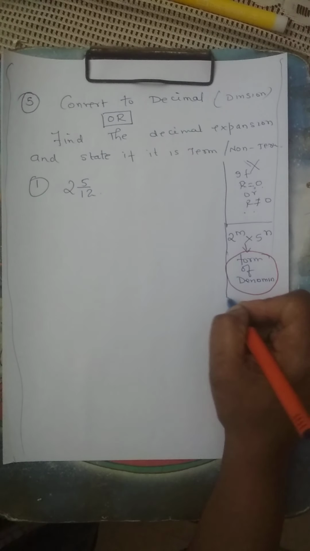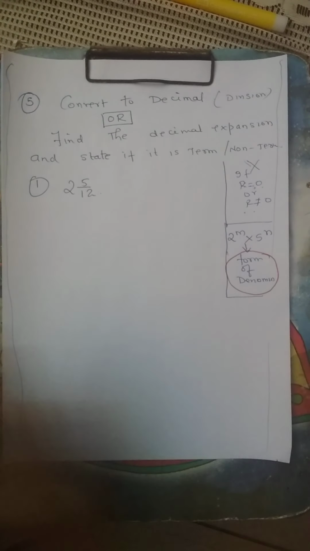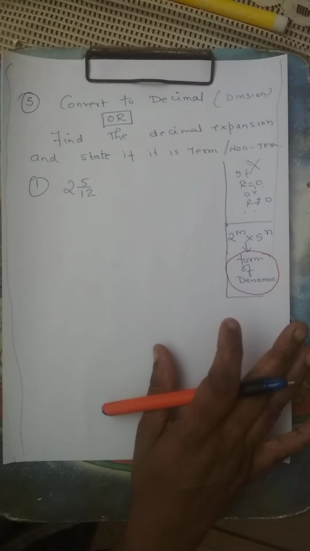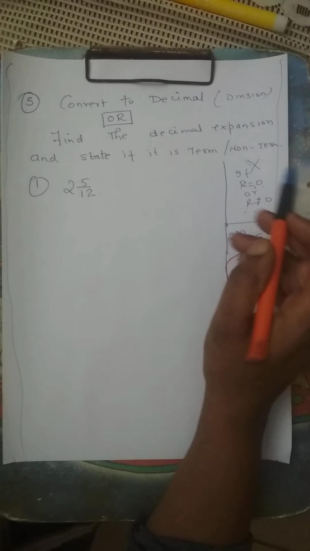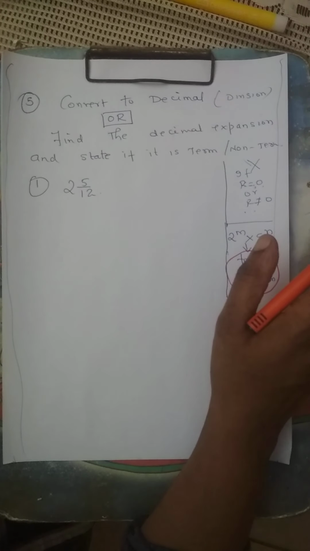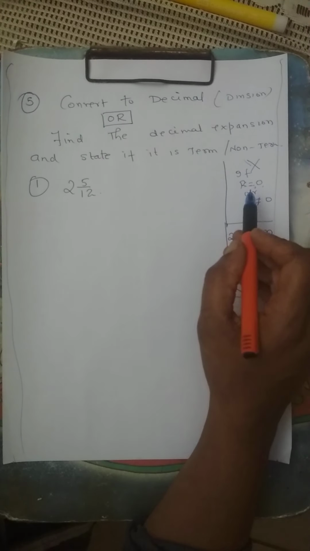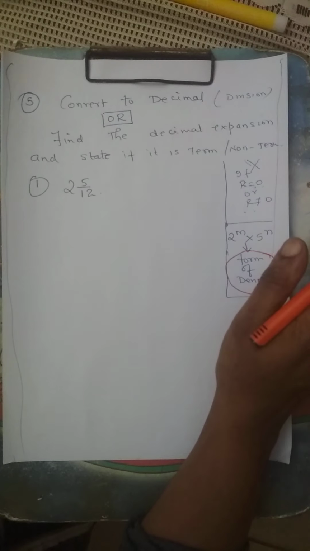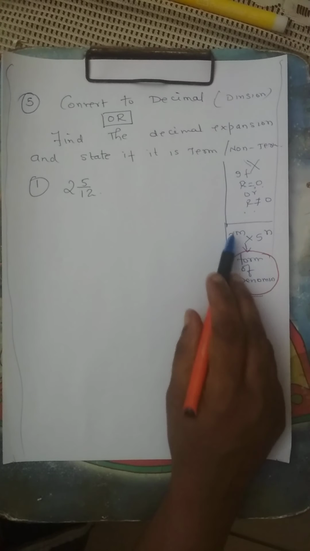Now, when are we to do this? When they say without decimal expansion, without division, or without actual division, that time we don't have to divide. We can use this condition. So there are 2 conditions.